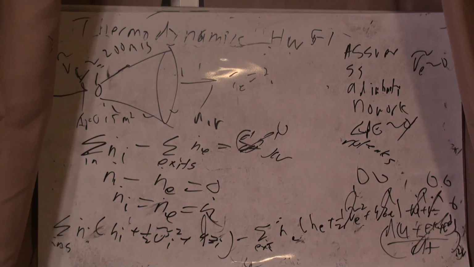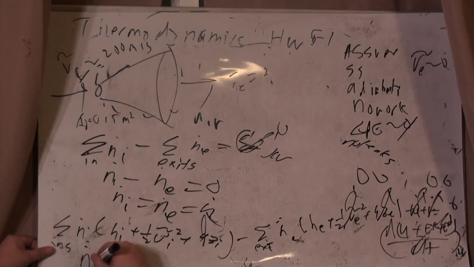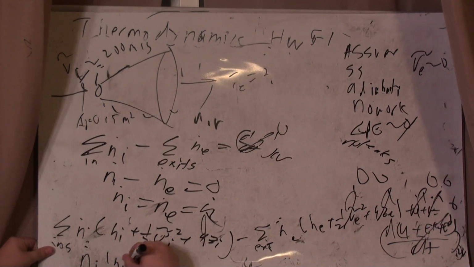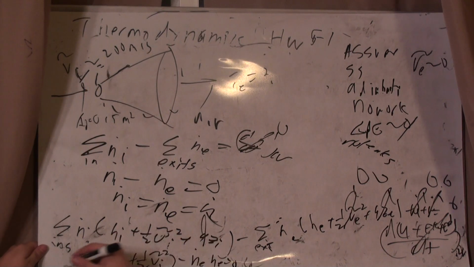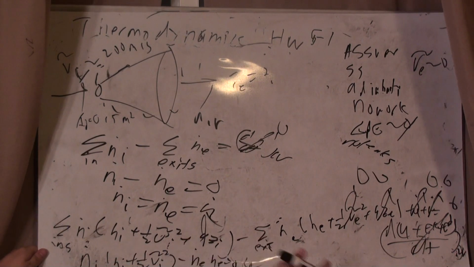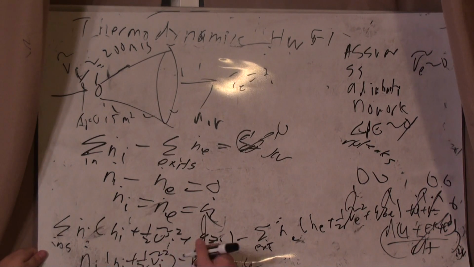Okay. And so this simplifies down to n dot I (hI plus 1/2 v squared I) minus n dot E hE equals 0. Oh, well, my moles are the same for both, and because they're both multiplied by it, I can divide it out. So what I'm left with is hI minus hE plus 1/2 v squared I equals 0.